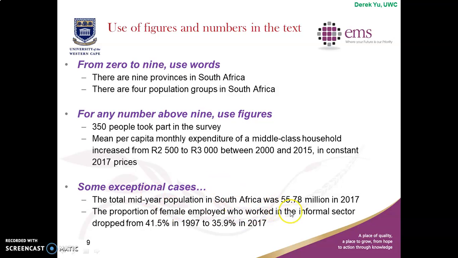Some exceptional cases, maybe there are decimals involved, then you must be consistent with the decimals. Let's say this one, 55.78 million. So if you decide to show 2 decimal places, then please be consistent. And then this is another example. You decide to only show 1 decimal place, then be consistent. You can see the consistency here, 41.5% and then 35.9%.